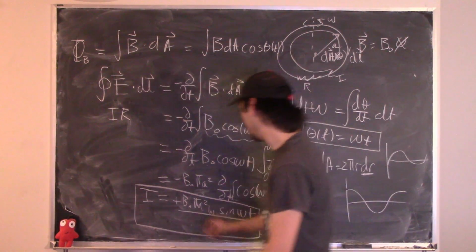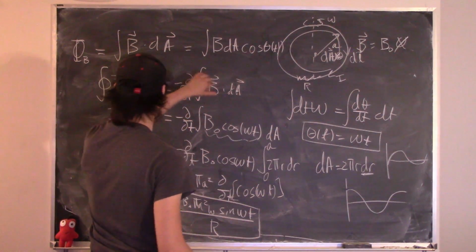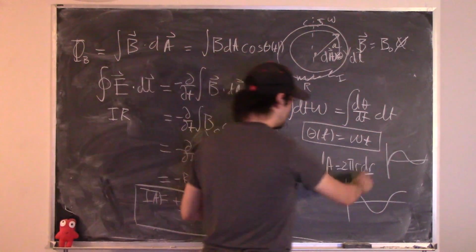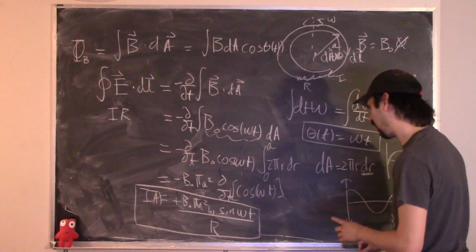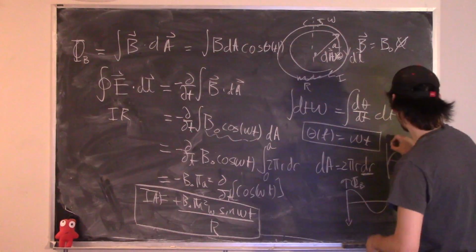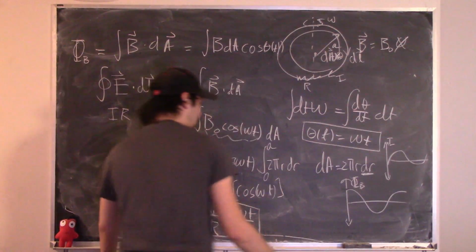Because the current is dependent on the sine, and the magnetic flux itself is related to the cosine. These things are going to go like this. So this would be a plot of the magnetic flux as a function of time, and this would be a plot of the current as a function of time.